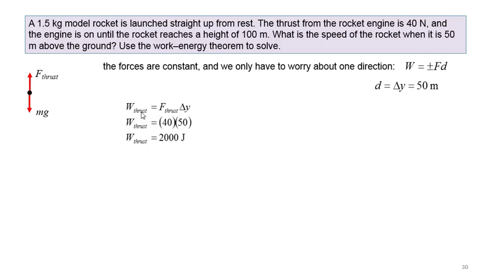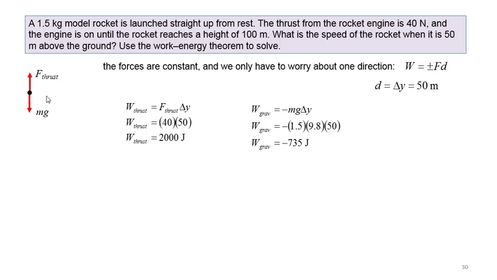So first I'll calculate the work done by the thrust force. It should be positive because the thrust force is pushing up and the object moves up, so I choose positive. It'll be equal to that thrust force times what I'm calling delta y, so that'll be 40 times 50, or 2,000 joules. The work done by gravity is equal to mg times delta y, and I'm choosing the negative.